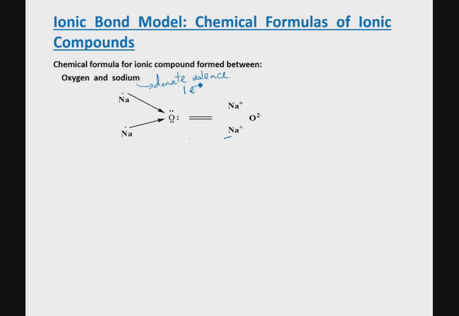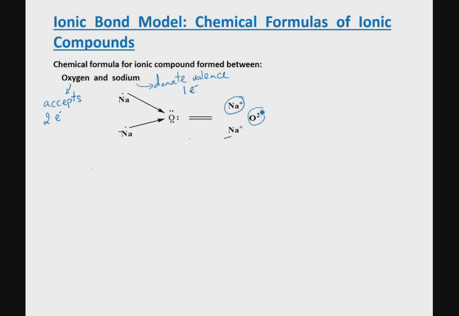Oxygen, on the other hand, since it's a non-metallic element and it's in group 6A, a representative element, wants to accept two electrons in its valence shell. By doing so, the sodium atom will make an ion, sodium plus, and by accepting two electrons, the oxygen atom will make an ion, oxygen with a 2 negative charge.